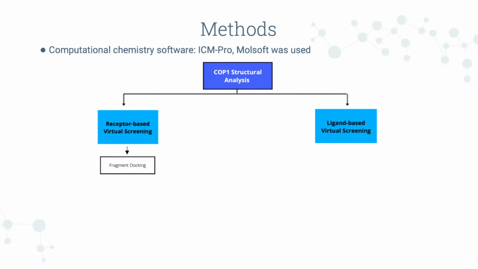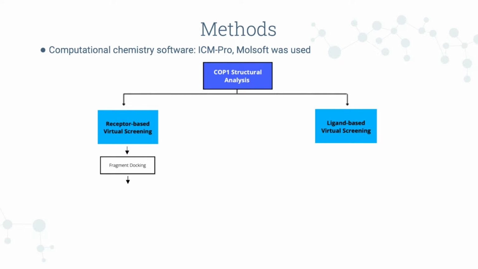The WD-40 domain structure of plant COP1 and its substrate HY5 with the PDB code 6QTO was then used for fragment docking. The plant-specific PDB code was used for the next procedures since it allowed for a higher resolution into all areas of the protein structure. Receptor-based virtual screening yielded a list of distinct fragment hits that were able to interact with COP1.